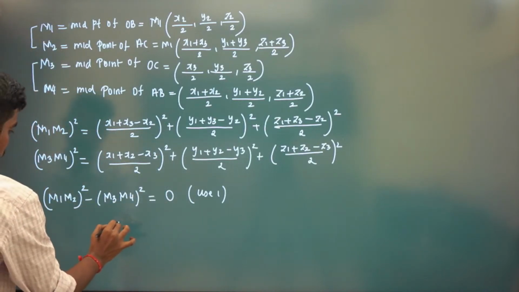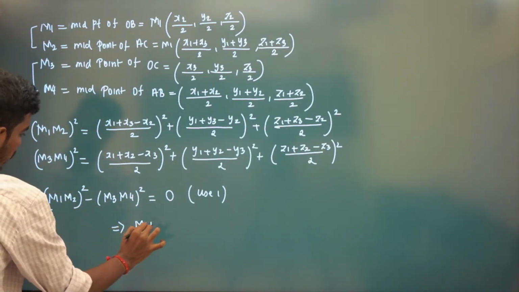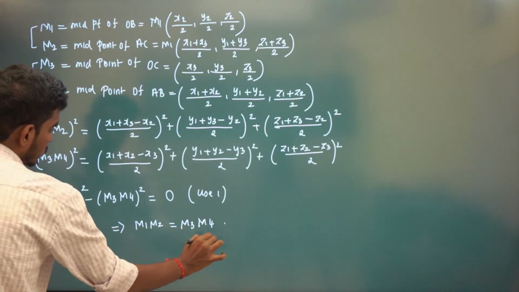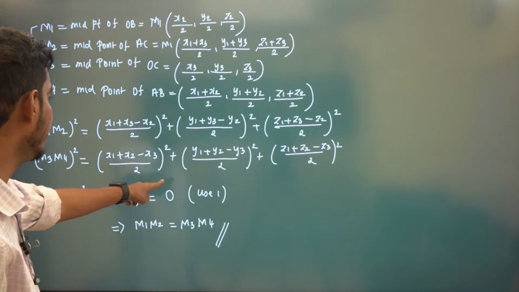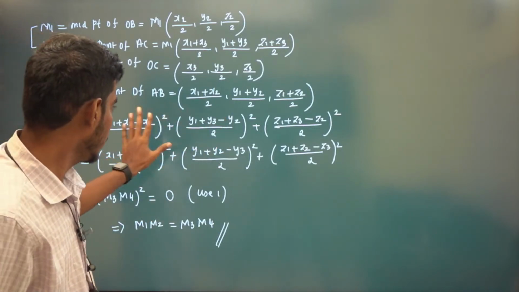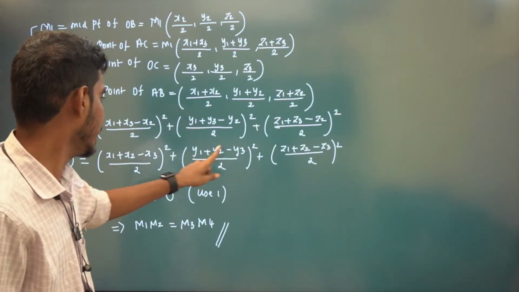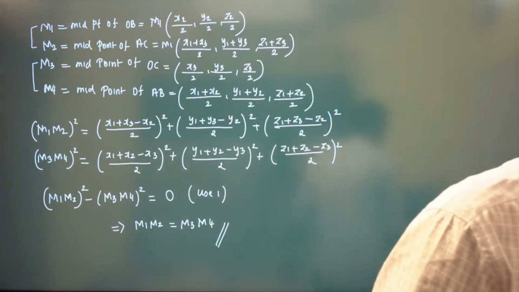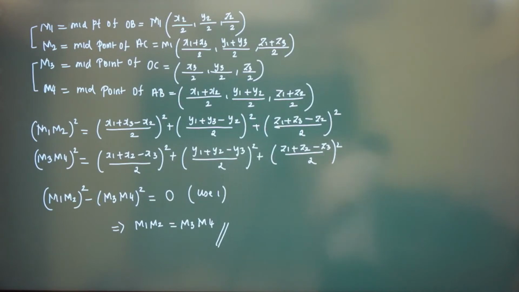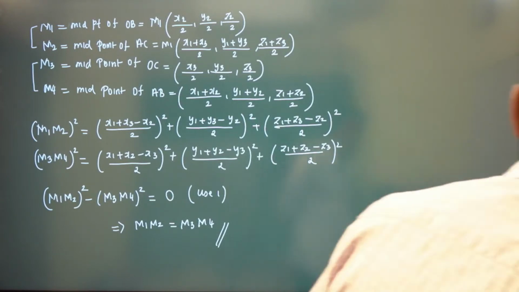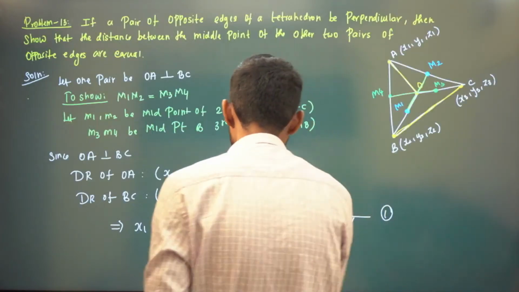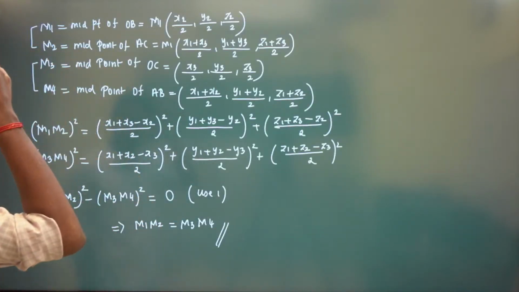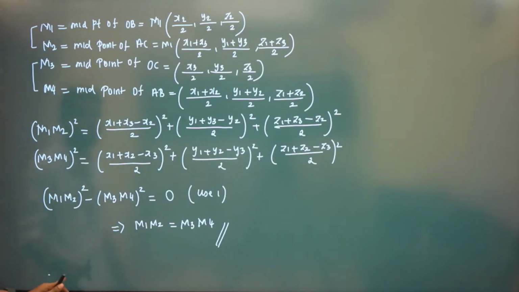So this implies M1 M2 is equal to M3 M4. This is what we need to prove. I'm not doing this step; you just have to apply the formula, many terms will get cancelled, and you will have this term alone, which is 0 by equation 1.